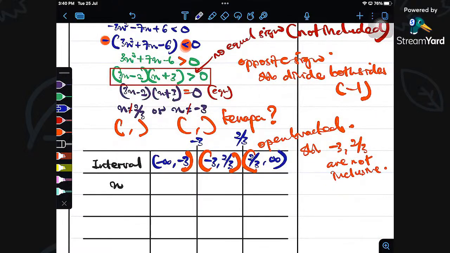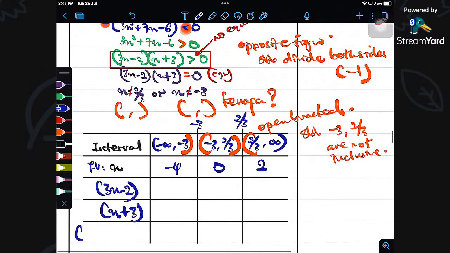So I want you to do it by yourself. Use this test value like -4, 0, here goes 2 kan. Masukkan semua perkara penting di dalam ini. Masukkan semua faktor di sini, faktor dia. And then, you write down every important detail in this TOS.